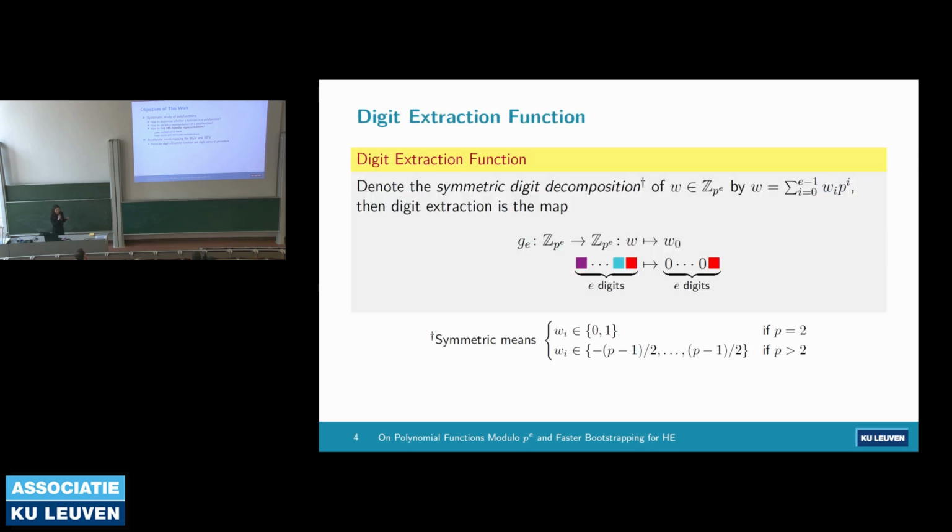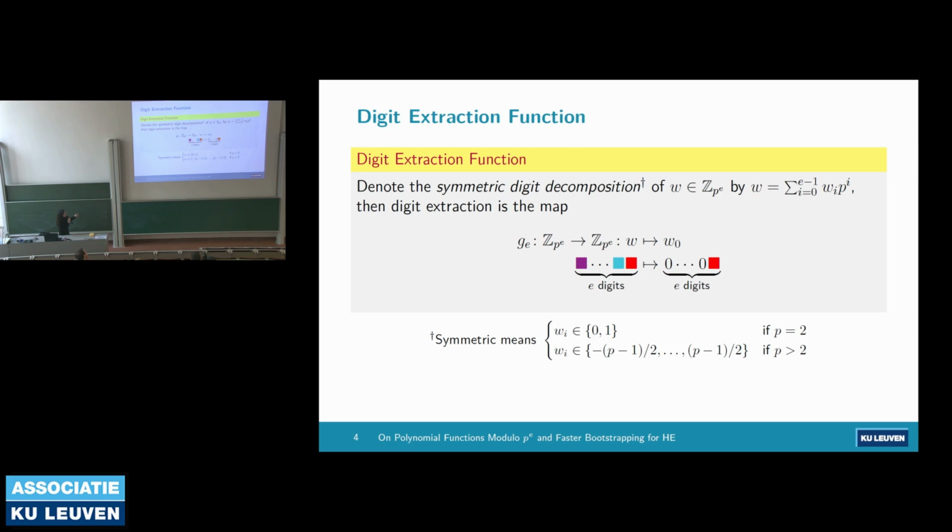In our definition, the digit extraction function maps every element to its least significant digit in the symmetric digit decomposition. And this least significant digit is again regarded as an element modulo p to the power of e.